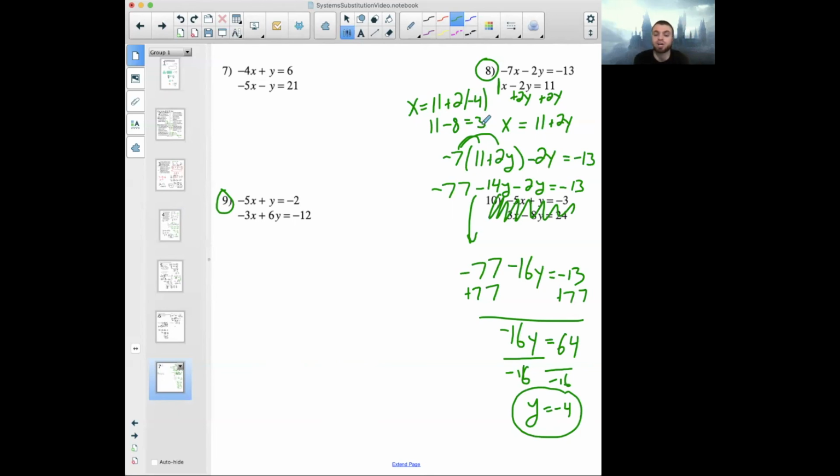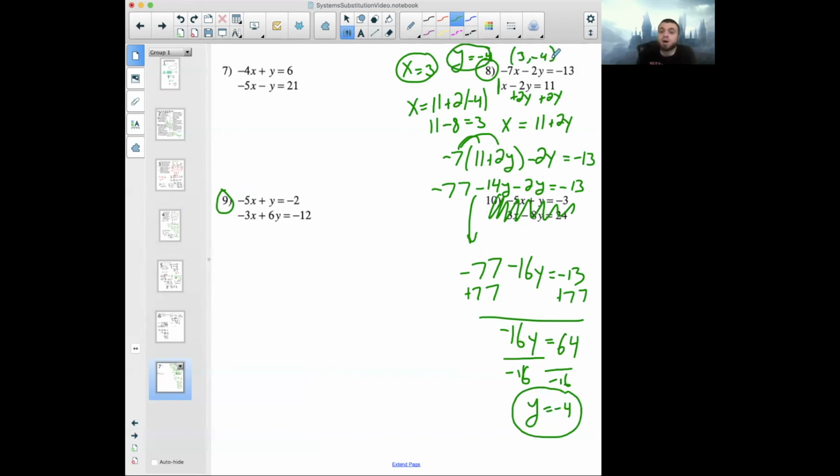So if I check that out, 3 minus negative 8 is 3 plus 8, which is 11. Up top, negative 21 plus 8 is negative 13. So x equals 3, y equals negative 4, or (3, negative 4). Okay.